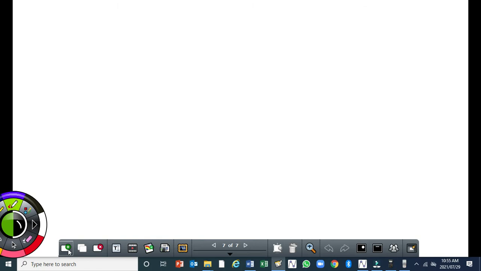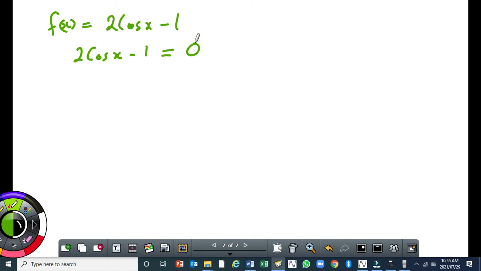Okay? Since the equation is f of x equal to 2 cos x minus 1, what this means is where there is f of x, we can put 0, so we can have an equation: 2 cos x minus 1 equal to what? 0.